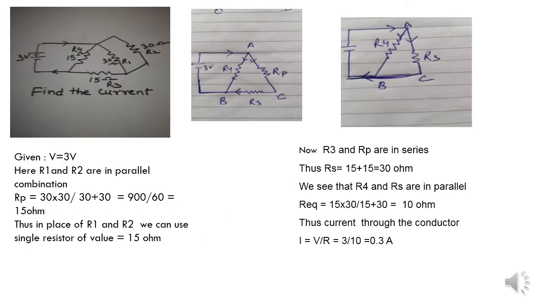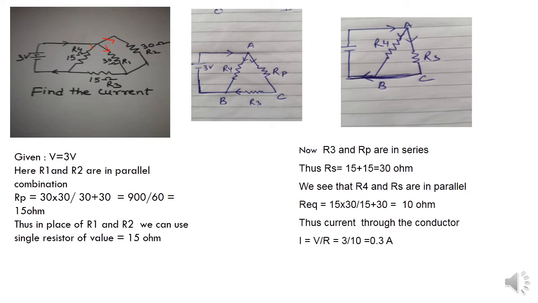Now let us try to understand how to find the series and parallel combination of resistance. This is the diagram. I have marked it with R1, R2, R3 and R4. Here you see the current is passing through here, and the current is being divided here into this part and this part.